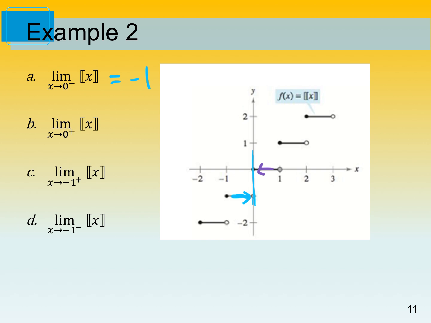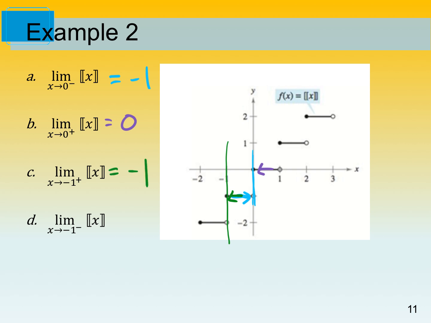What's our limit as x approaches 0 from the positive direction? 0. What is our limit as x approaches negative 1 from the positive direction? So our negative 1 is here. From the positive direction, coming from the right. So what would that be? Negative 1.